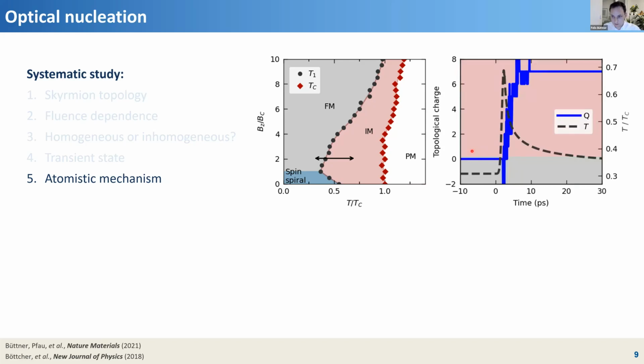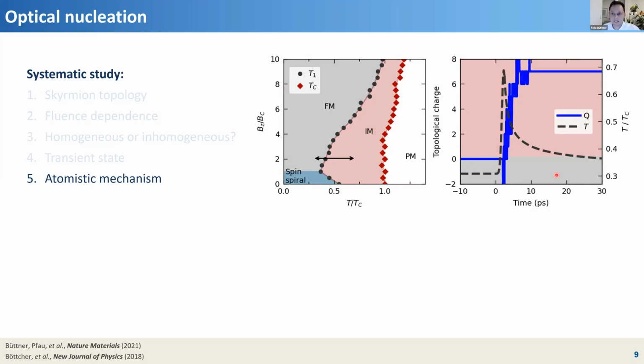Now, interestingly, in the context of our collaboration, they performed time-resolved spin dynamics simulations. Starting here, with time on the x-axis, from a temperature in the static phase, they heated the system in the simulations to this intermediate phase and then cooled back down.